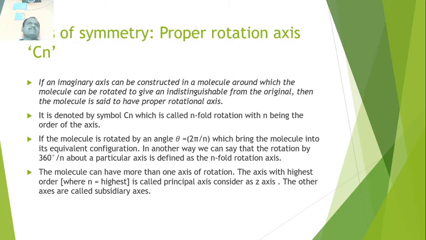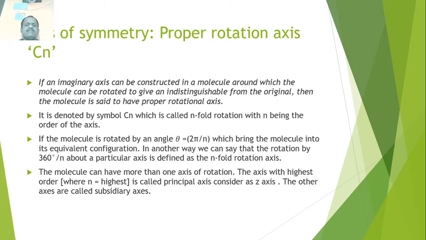It is actually an imaginary line. So if an imaginary line can be constructed in a molecule around which the molecule can be rotated to give an indistinguishable configuration from the original, then that is said to be a proper rotational axis.